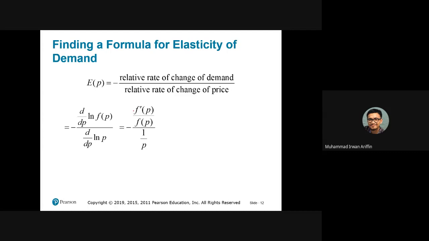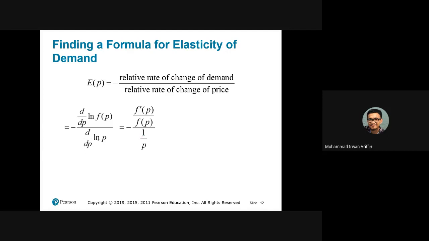From the definition given earlier, this is simply the derivative of the demand function, f prime of p, over f of p, the original demand function, because whenever we investigate change, we always need to refer back to the original value.